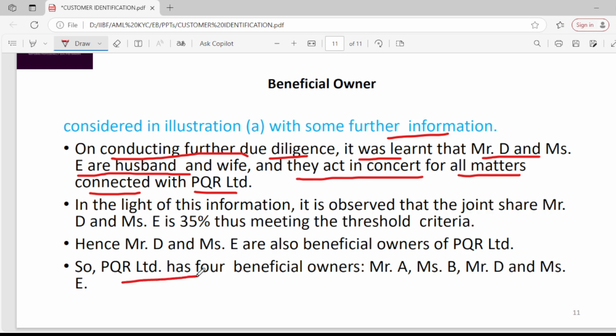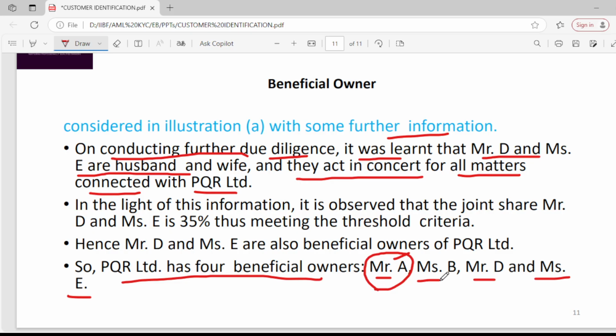Finally, PQR Limited has four beneficial owners: Mr. A, Mrs. B, Mr. D, and Mrs. E. So here, Mr. A has the right to appoint 60% of the board of directors. So he satisfied the condition of exercising control over the company through a right to appoint a majority of the directors.